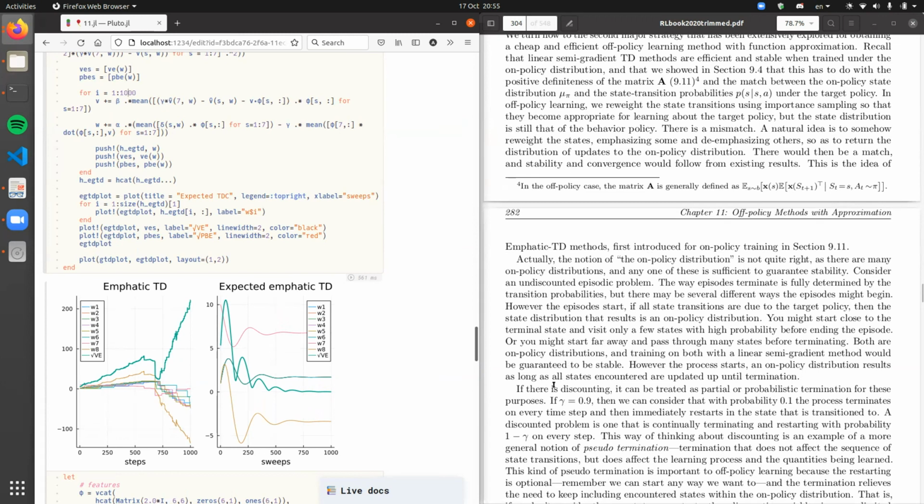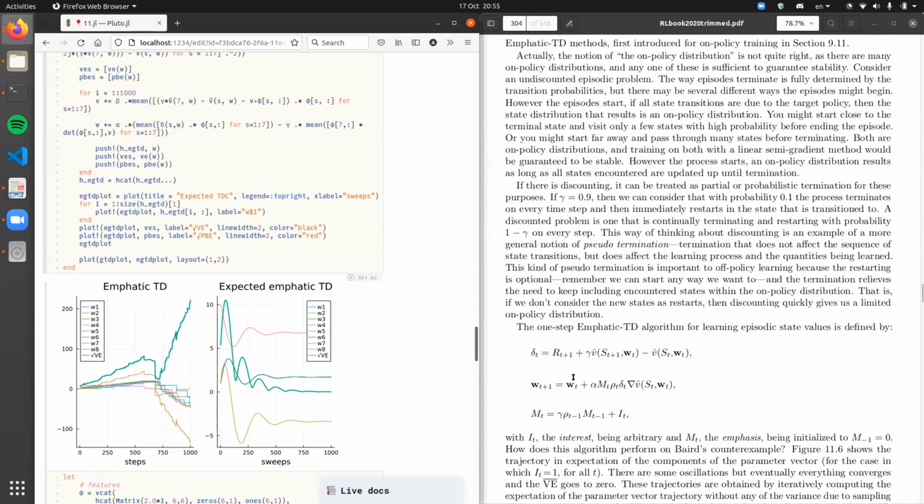One is interest and another is emphasis. The emphasis is defined as given here: it is our discount rate multiplied by the importance sampling ratio times the emphasis at the previous time step, plus interest.